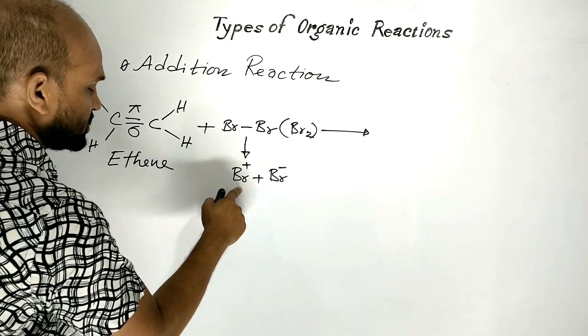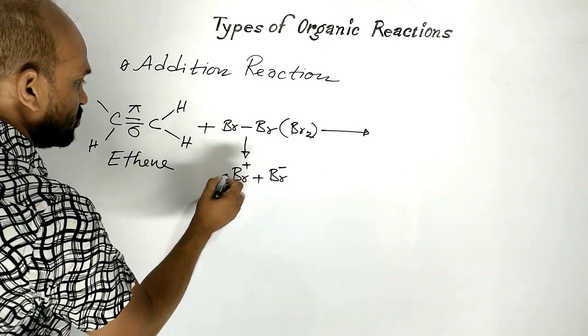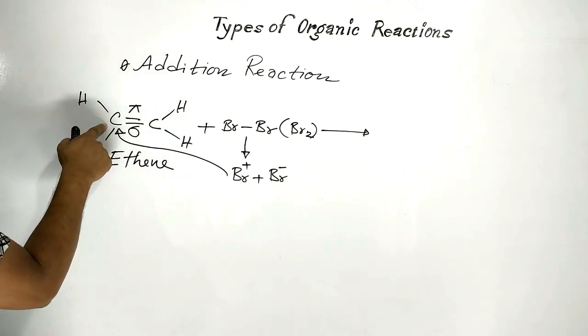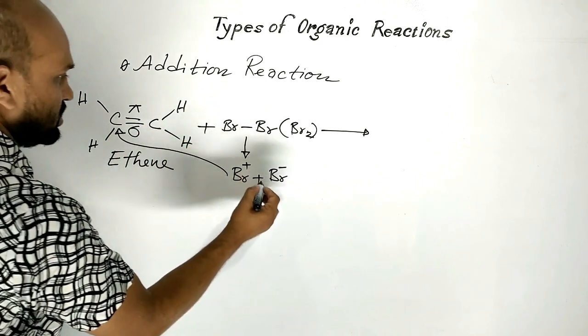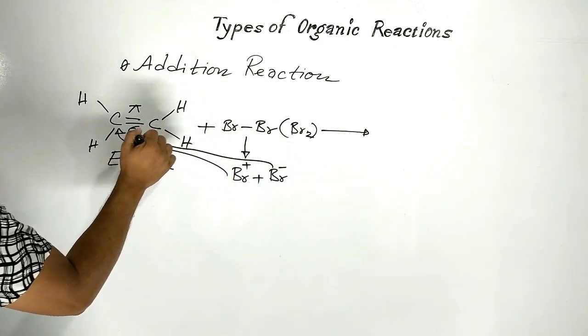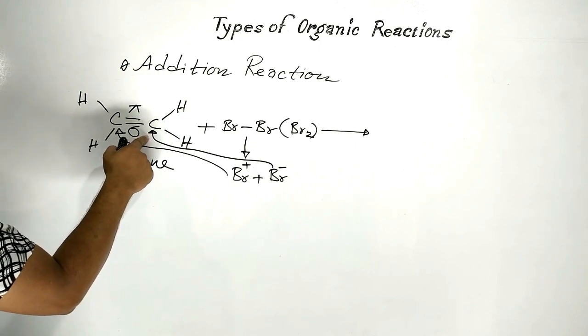So first of all, bromine cation will attack one double bonded carbon atom, and then bromide ion will attack the other double bonded carbon atom.